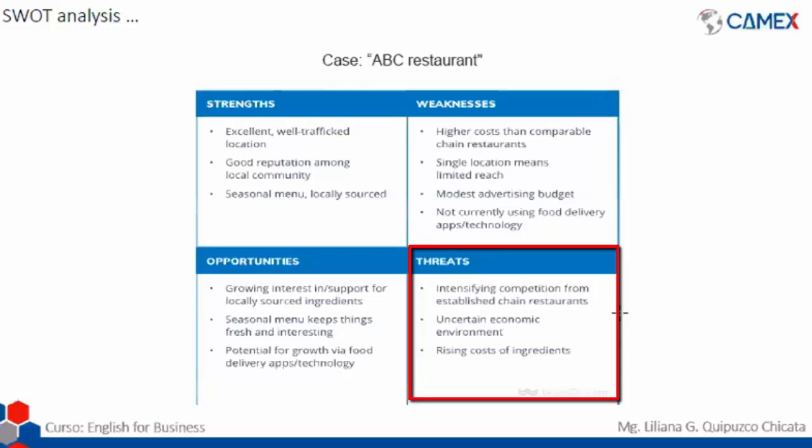Every time we have bad weather environments in our country, let's say like El Niño, it might rise the cost of ingredients because we won't be producing them, in this case, especially lemon, which is the one that I really remember. So this is a potential threat.